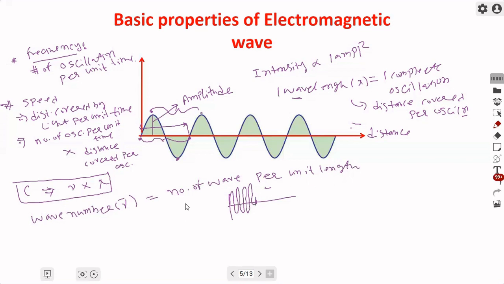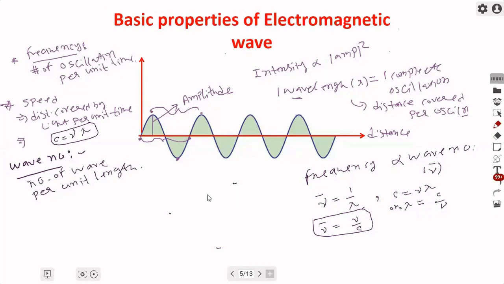So wave number and frequency are directly proportional. Frequency is proportional to wave number.